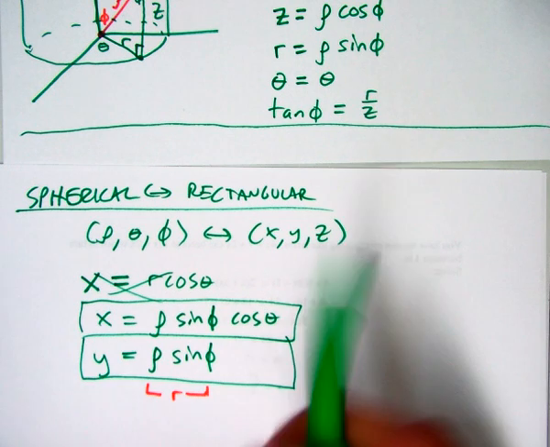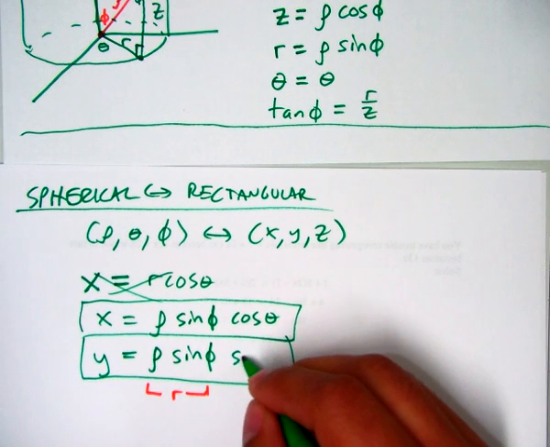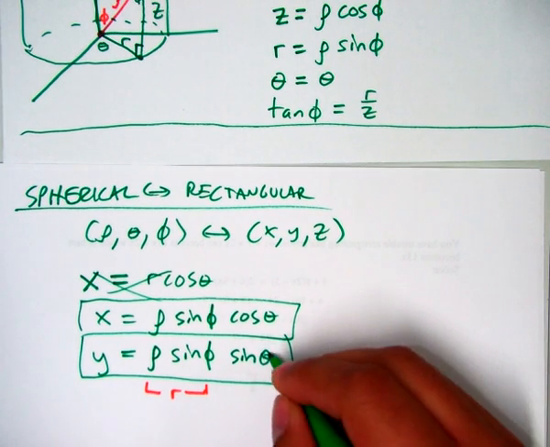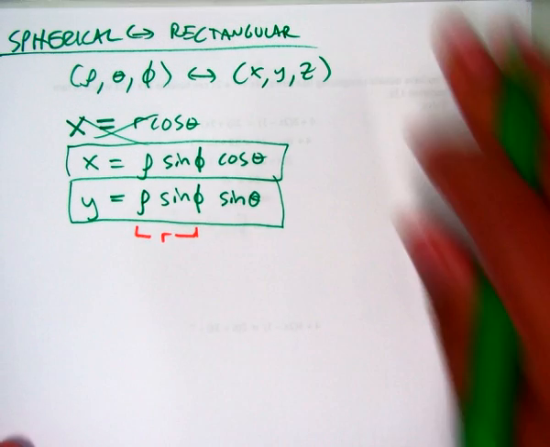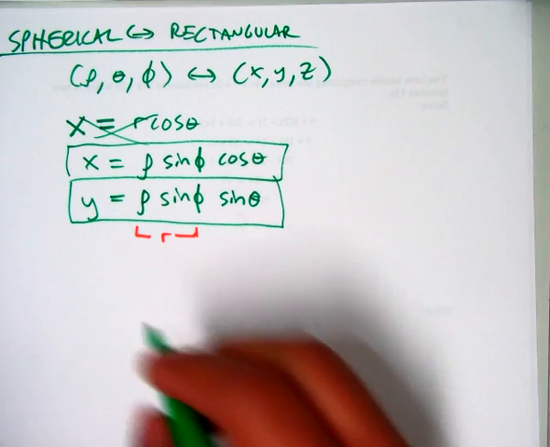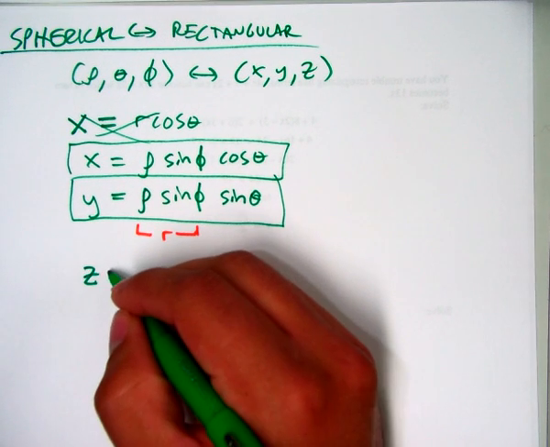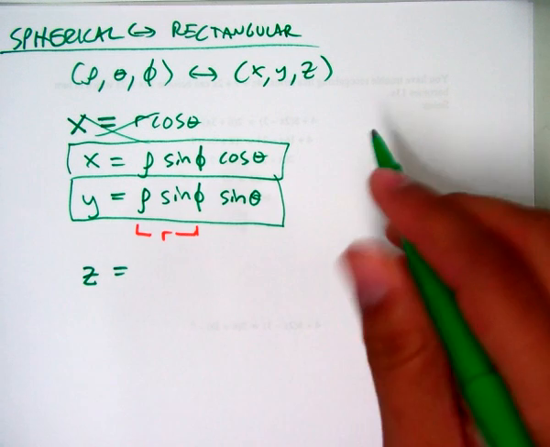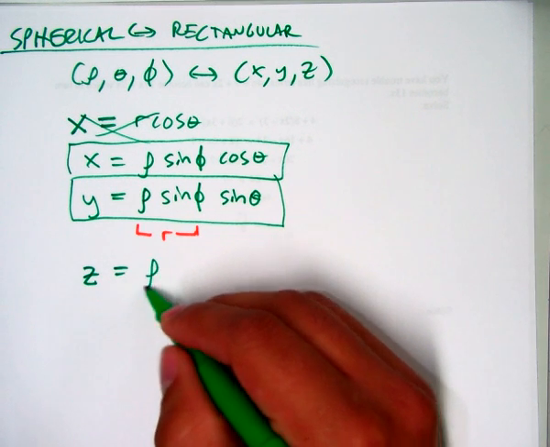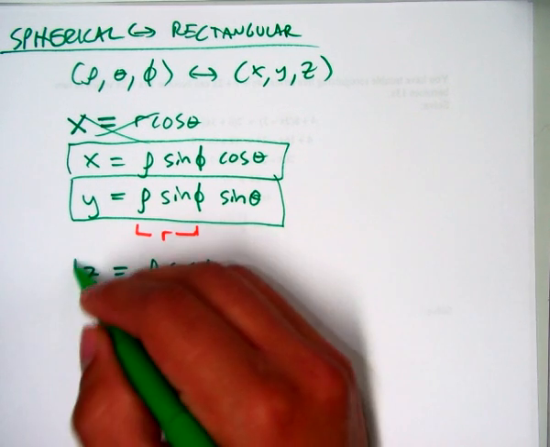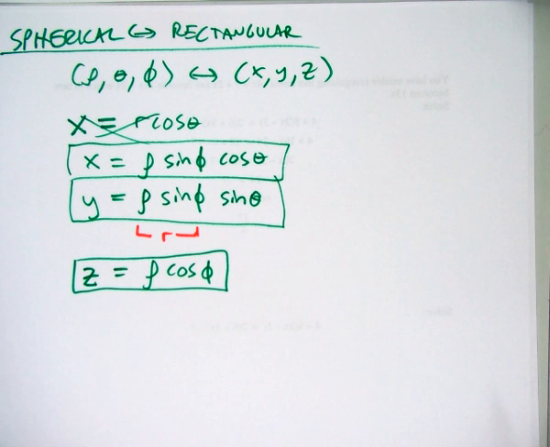And then we still have sine theta. Okay, z, well, we already have z from before. z was rho cosine phi. So that one's done already.